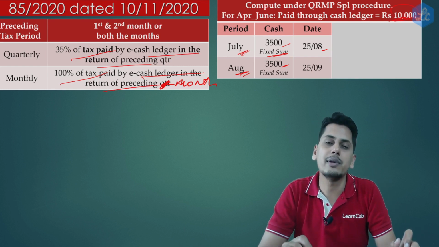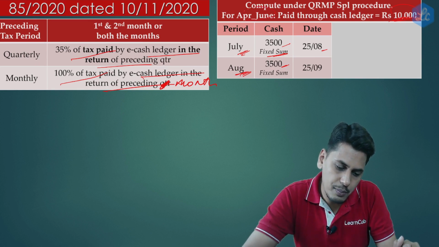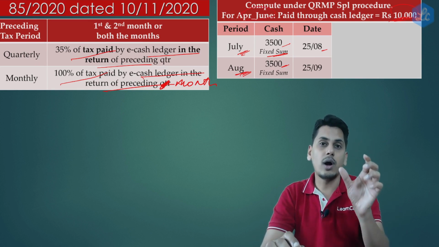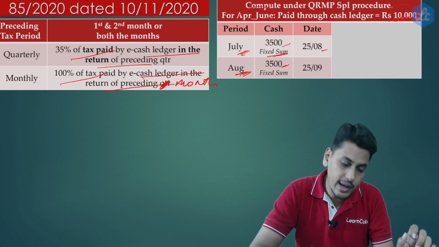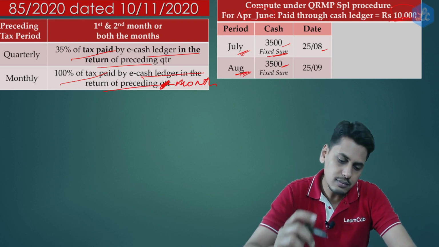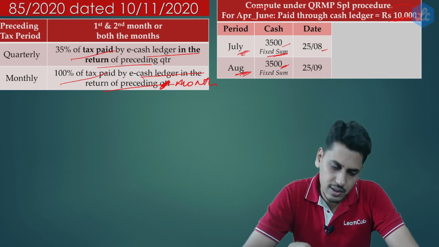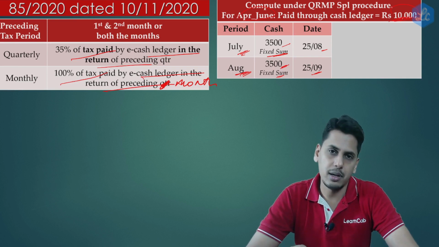It is not your preceding tax period. Preceding tax period for August is going to be April, May and June. Please understand, friends. As regards the quarterly return, your tax period happens to be quarterly. So July, August and September are the current tax period. So for the month of August, the very same 3,500 I am going to deposit. Fixed sum. The due date happens to be 25th of September.